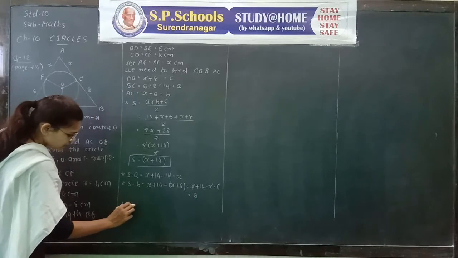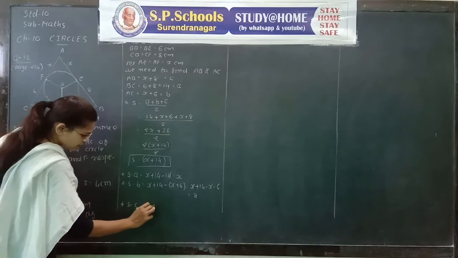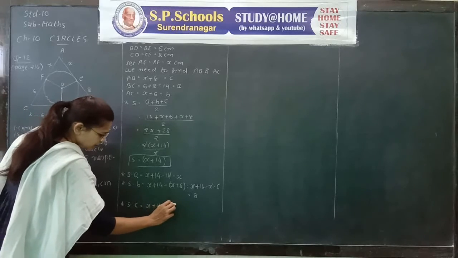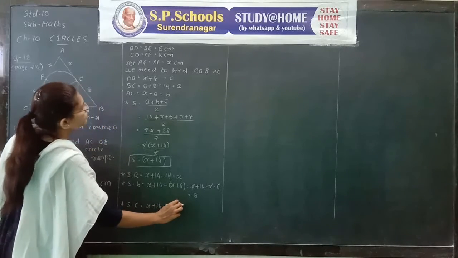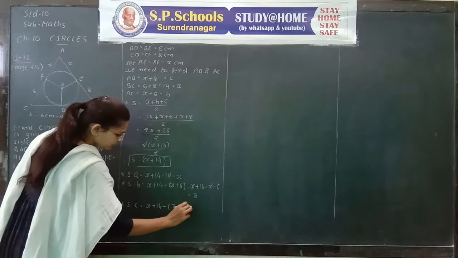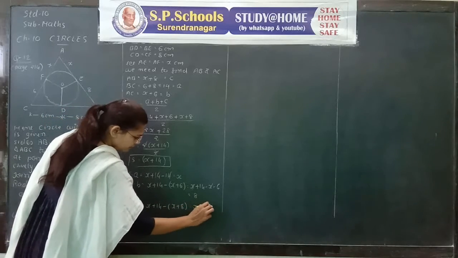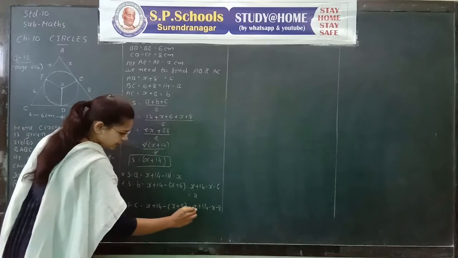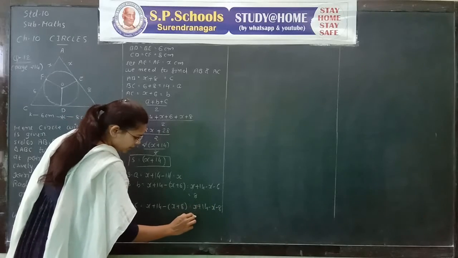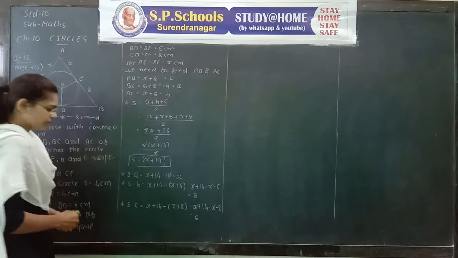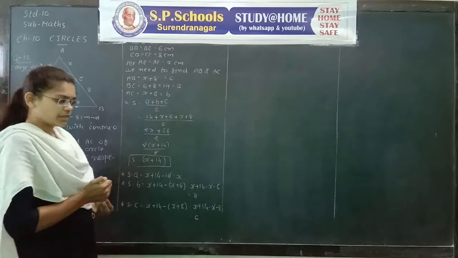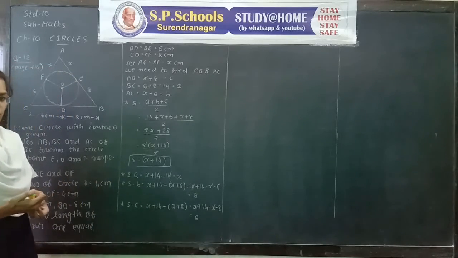And s minus c is equal to x plus 14 minus c, c is x plus 8. x plus 14 minus x minus 8, x cancels. 14 minus 8 is 6. So s minus a, s minus b and s minus c are obtained here.